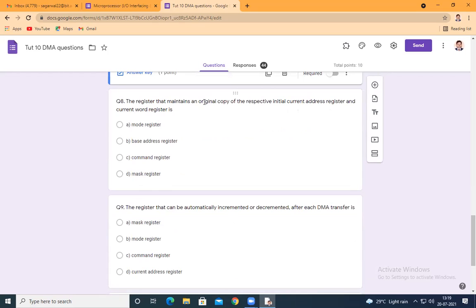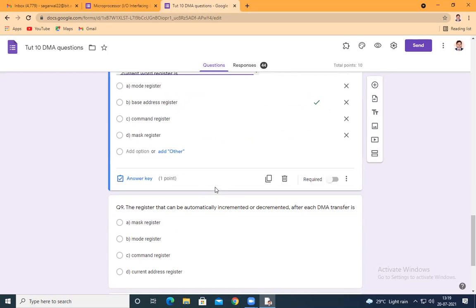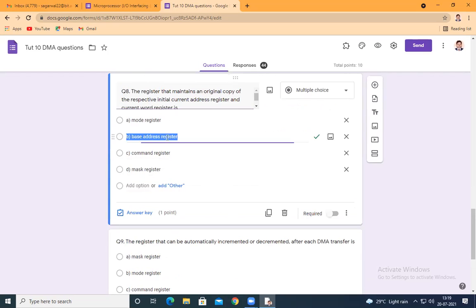The register that maintains an original copy of the initial current address register and the current word register is naturally the base address register, where all these initial values of current address and current word count are stored.